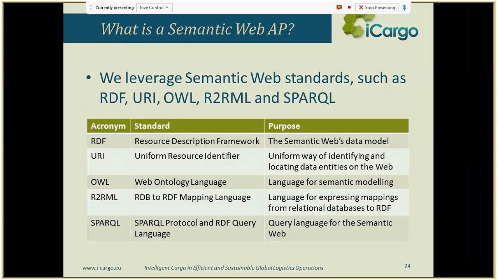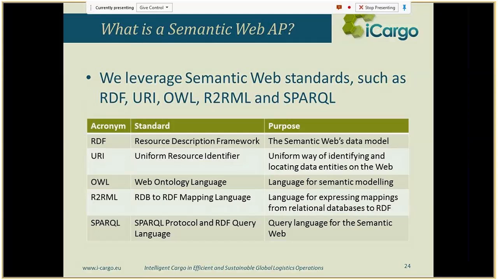And therefore we show in this webinar how you can establish access points by leveraging semantic web standards and off-the-shelf semantic web technology. So this table here lists some of the semantic web standards that we use.